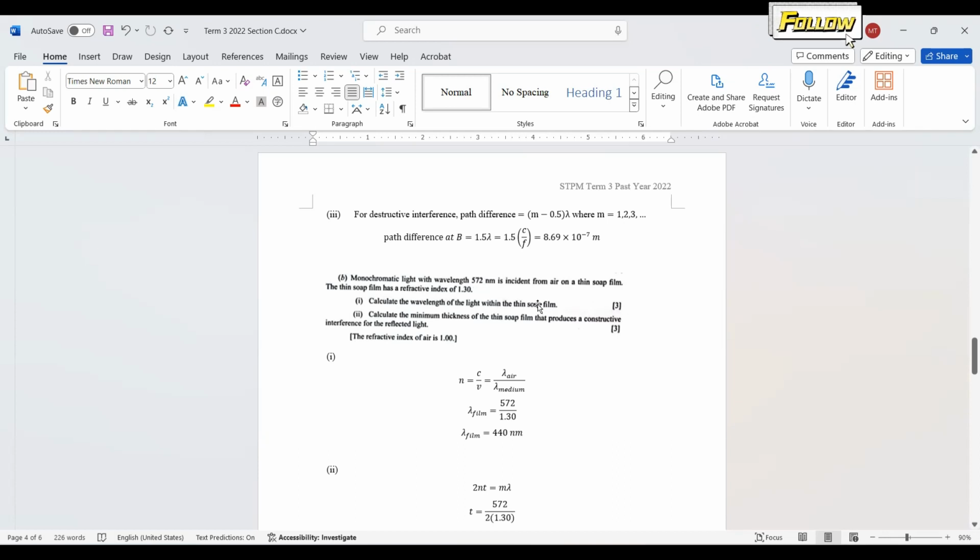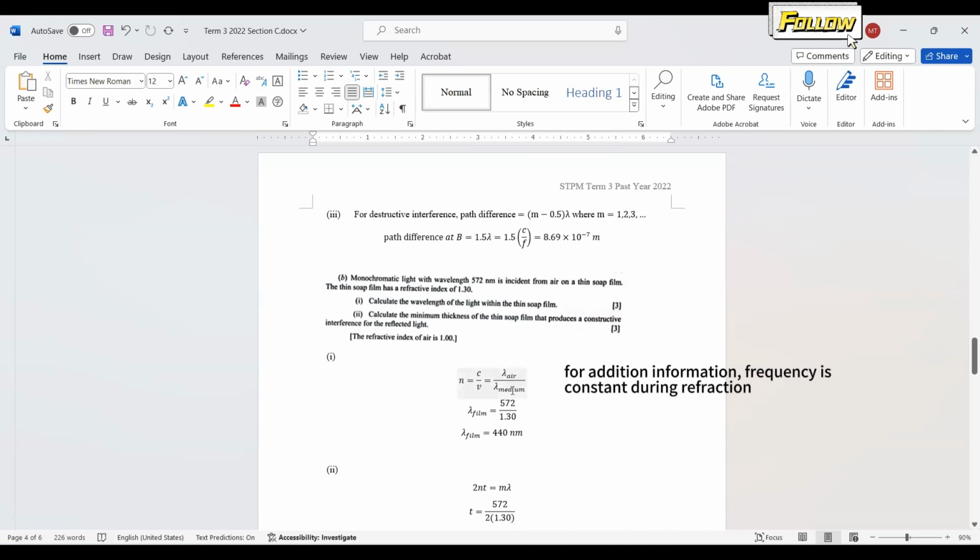From what we have learned in SPM, the refractive index is the ratio of the speed of the light in air to the speed of the light in the medium. We can also relate the speed using the formula v equals f lambda. So the speed is directly proportional to the wavelength.